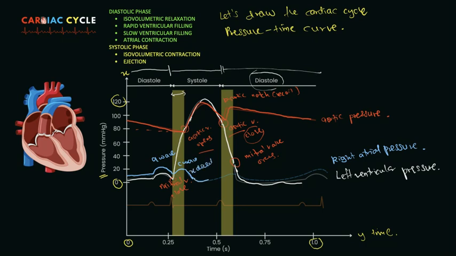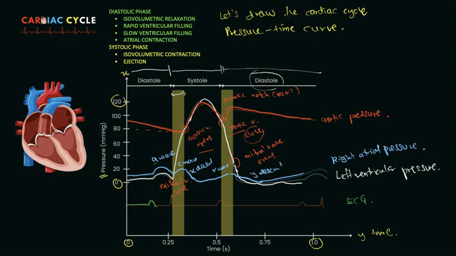Then the X descent is when the right ventricle contracts and pulls the tricuspid valve downwards, lengthening the right atrial length, causing the pressure to fall. The V wave happens because of the venous filling of the right atrium. And when the valves open, the atria will empty their blood into the ventricles, reducing the pressure, and this is depicted as the Y descent on the right atrial pressure venous waveform.